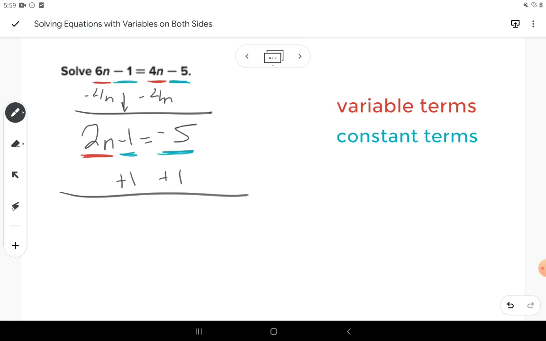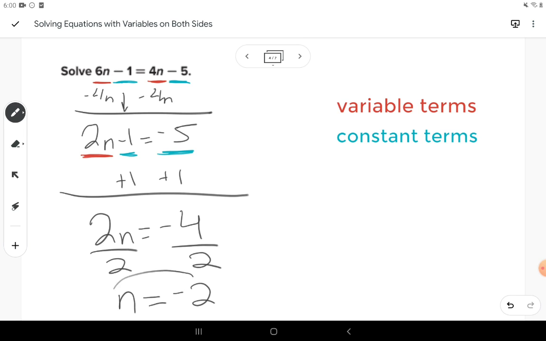This gives me 2n equals -4. And now we can just solve it for n just like a typical one-step equation by dividing by 2 on both sides. Then we have n equals -4 divided by 2, which is -2. So n equals -2 should be your answer.